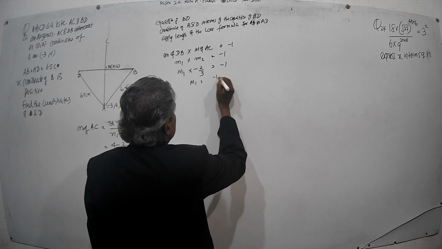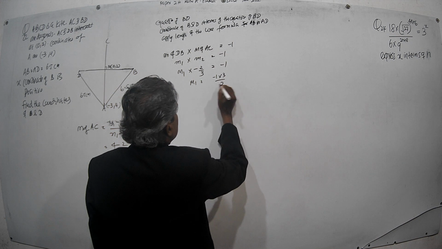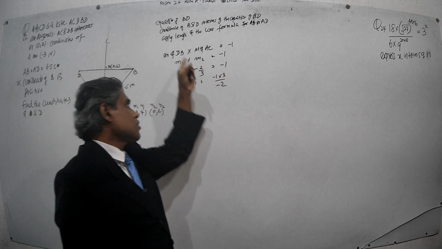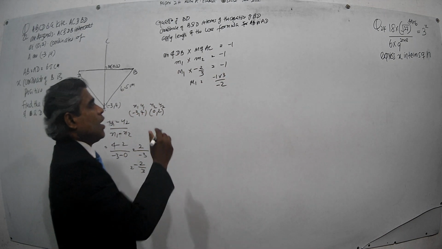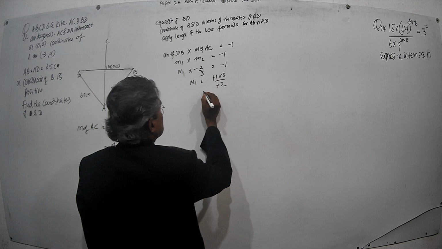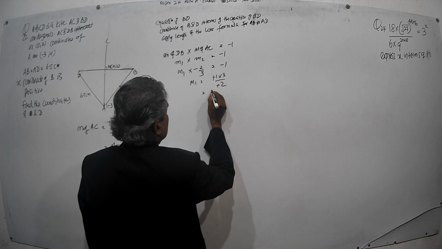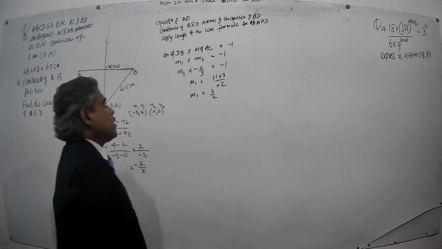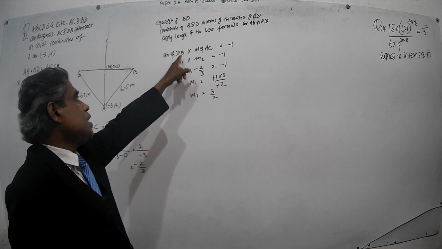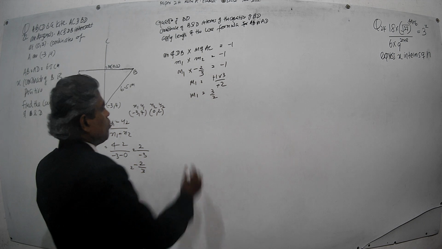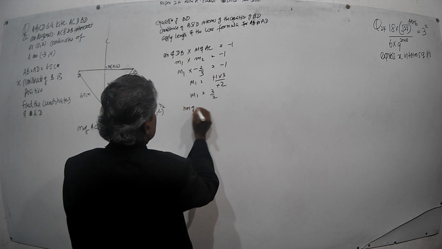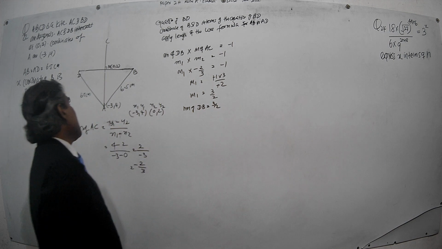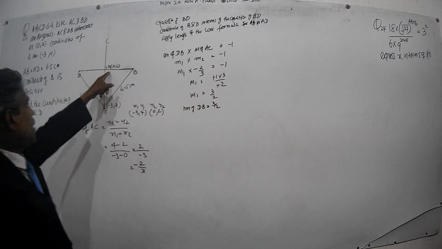Then it will be -1 times 3 over 2. 3 went up, -2 went down, this minus goes, and ultimately what is left is 3 over 2. So M1, the gradient of DB, equals 3 over 2.